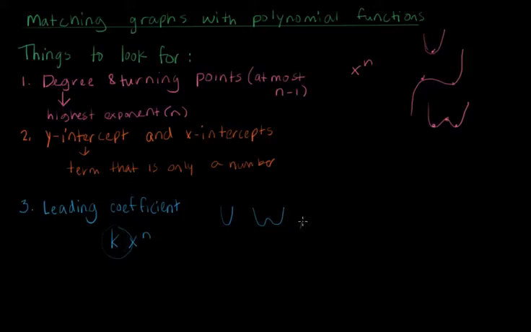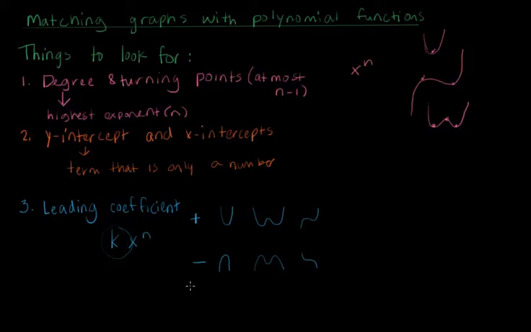If it's x to the third, it would look like this. So this is if it's positive. If it's negative, it would be down opening, or the W would look like an M, or the x to the third would look backwards, would start high and go low instead of starting low and going high.